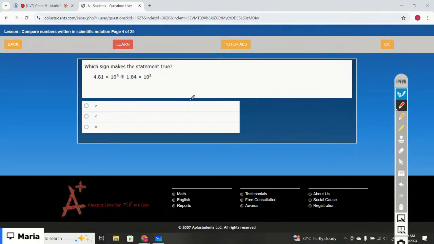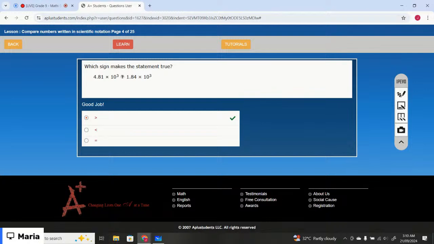They have the same exponents, right? But 4.81 is greater than 1.84, so option number 1 is the correct option.